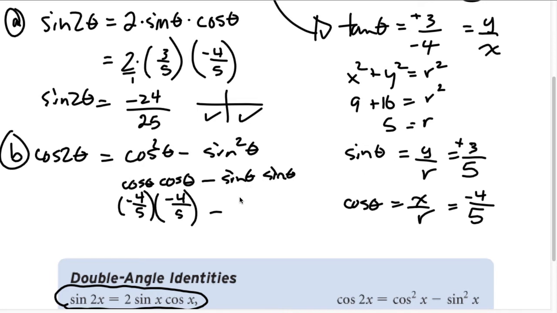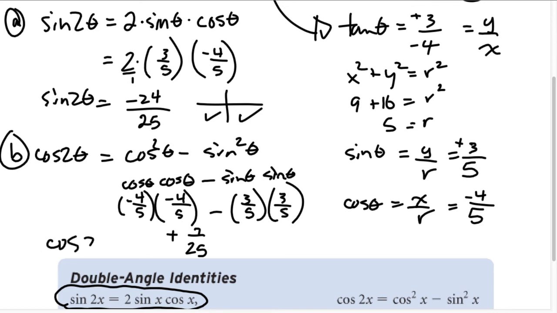Sine theta is right there, so I have 3/5 times 3/5. Altogether, negative 4 times negative 4 would be 16 over 25, minus 9 over 25. So that would be 7 over 25. Notice that it's positive, because a negative times a negative is positive. This would be 16 25ths minus 9 25ths. I get 7 25ths. It's positive.